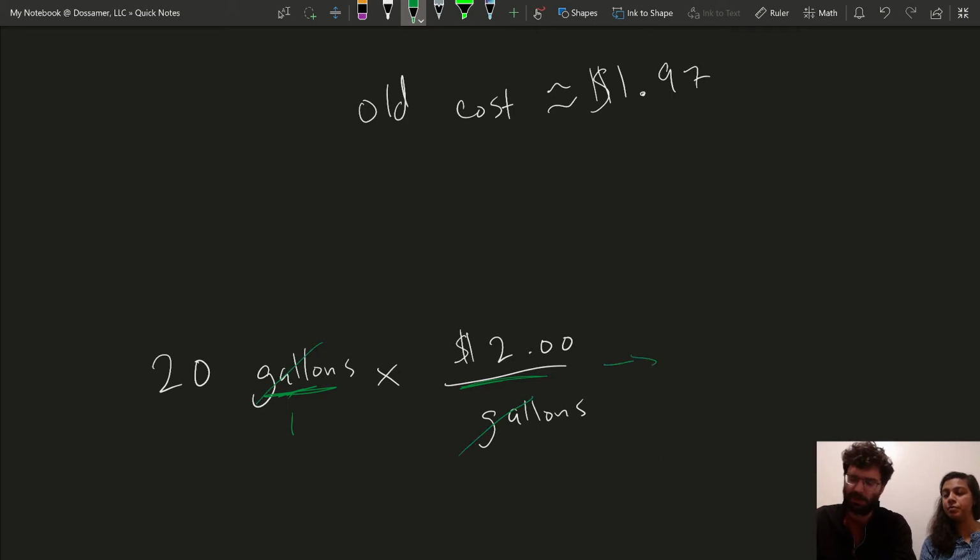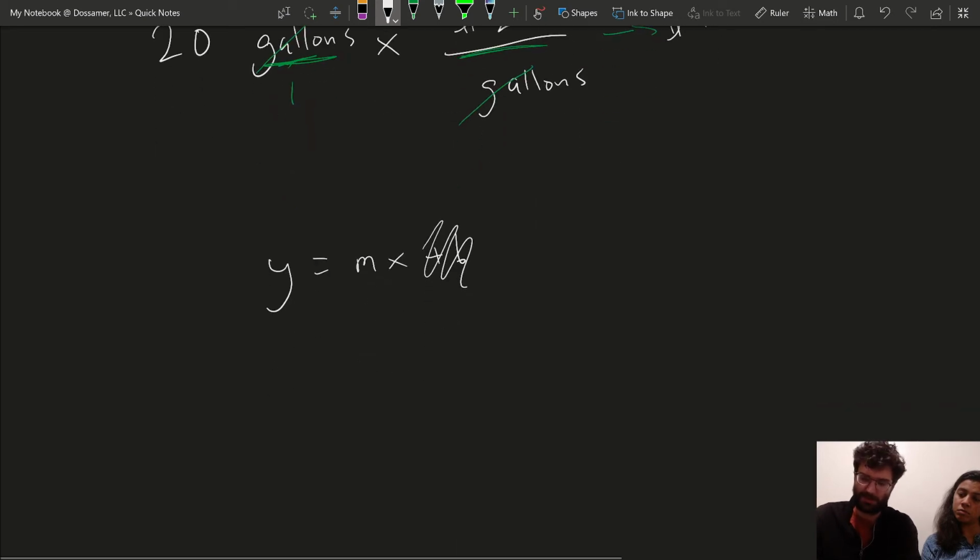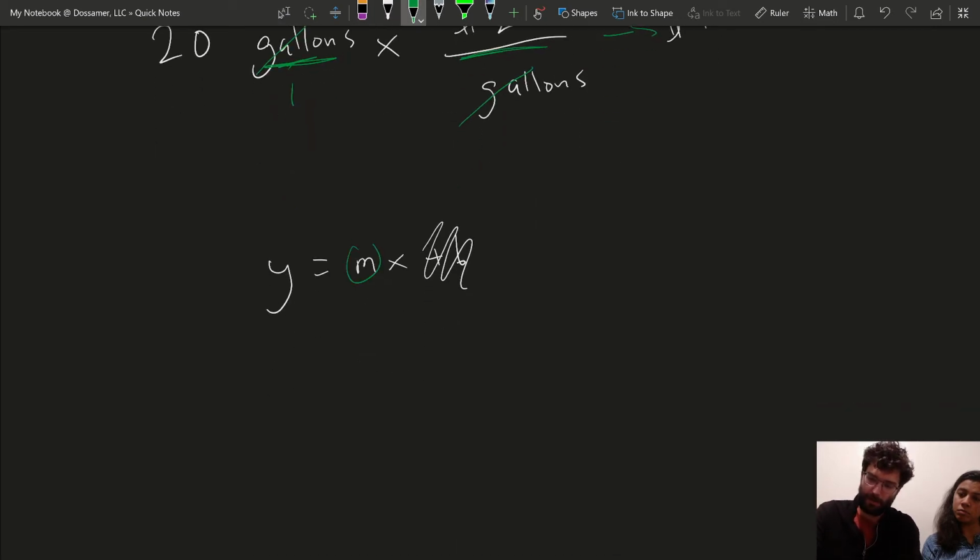What's really useful here is, because the gallons over here, and we could say 20 gallons over 1, gallons is in the numerator, and over here, gallons is in the denominator, those units cancel. And then we end up with an expression where we just have a quantity in terms of dollars. And so by using a proportionality constant, or this unit cost, as we're calling it, we can change units.